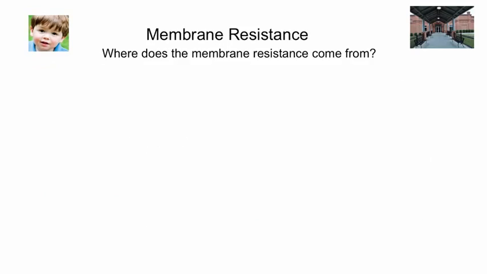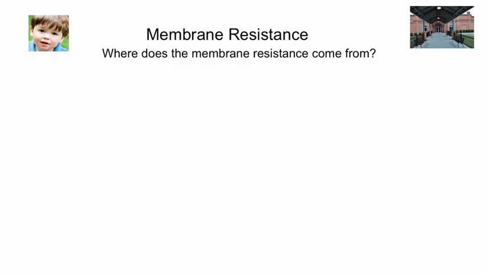Where does the membrane resistance come from? Now this is not so obvious because membranes are super insulators insofar as they are a lipid bilayer. Lipid bilayers just don't let charged particles go through normally. So where does the membrane resistance come from? It's high, but it's not extraordinary.